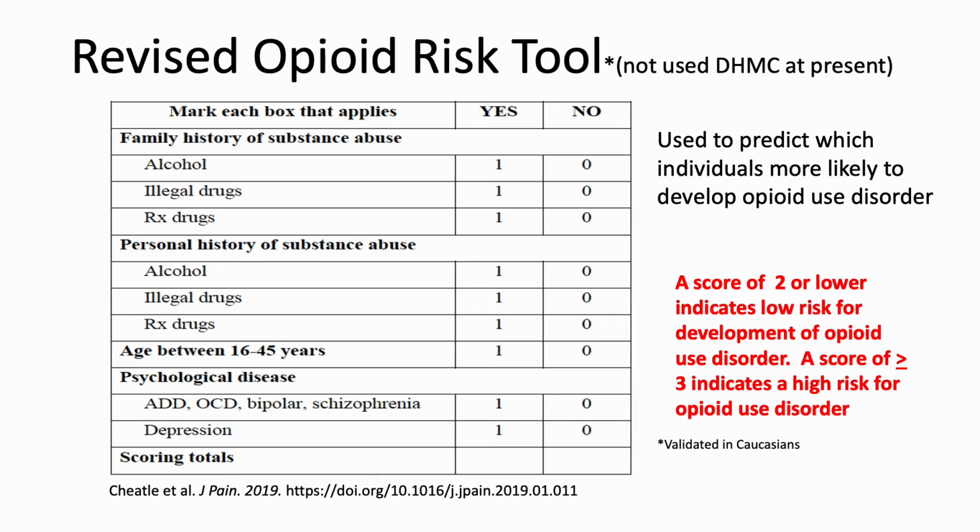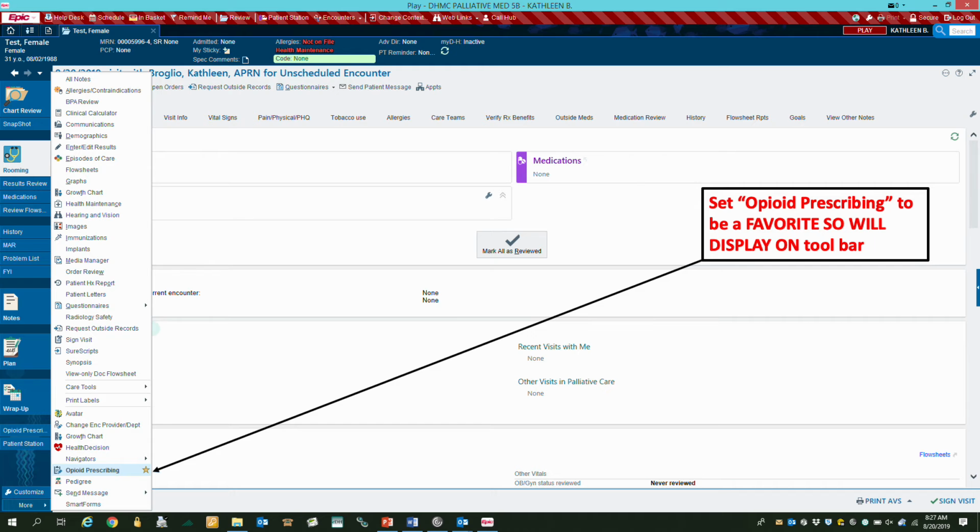This is really the preferred tool, but unfortunately it's not in our medical record, and it probably won't be during your time in fellowship. So the first thing you want to do is make sure that opioid prescribing, if it's not across your top tabs, when you open up a note, you want to select it from the rarely used and make it a favorite so it will be on your toolbar, and you're going to click that.